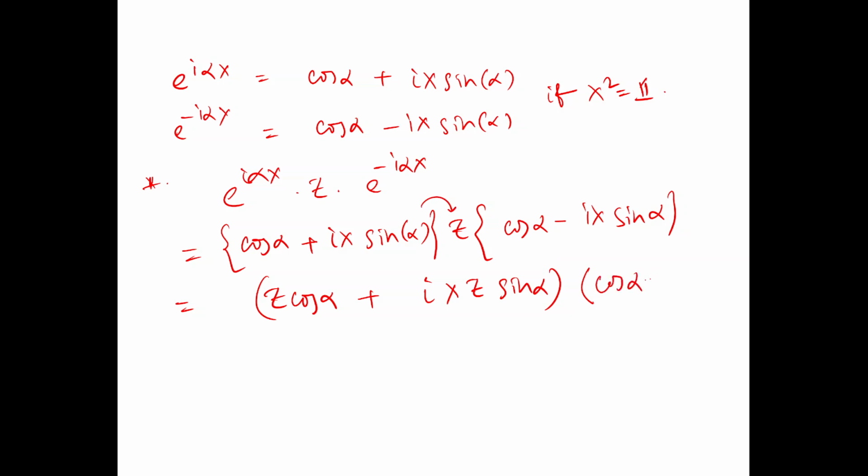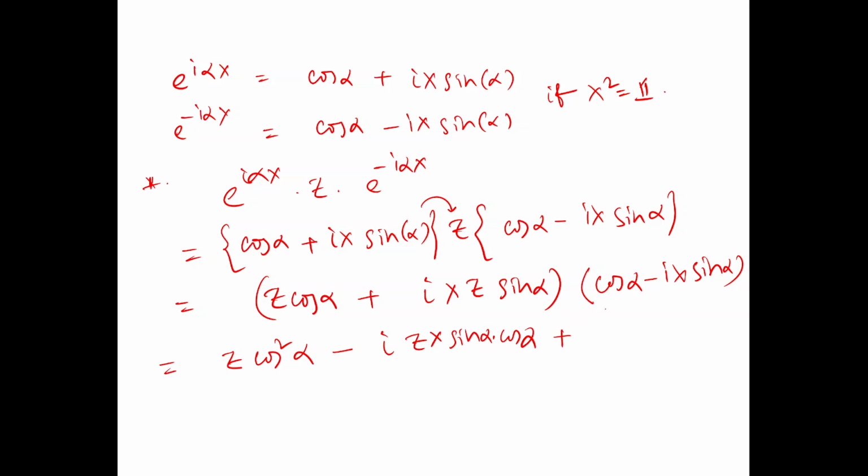We have other multiplication. So here we have ix sin alpha cos alpha. Now we can further multiply this, and we'll have z cos square alpha minus izx sin alpha cos alpha.